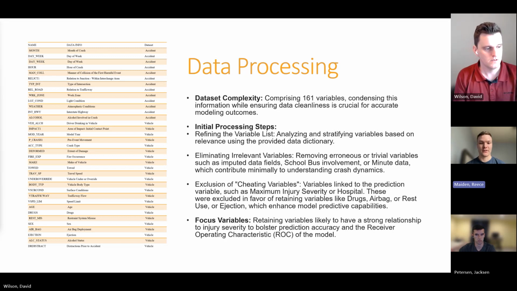We first eliminate irrelevant variables, getting rid of trivial data points such as school bus involvement or minute data, which are likely to contribute very minimally toward the understanding of crash dynamics. And then we also excluded cheating variables, which are variables that are linked to the prediction variable, such as maximum injury severity or hospital. These are excluded in favor of retaining variables like drugs, airbag, or rest use, which are likely to have a significant prediction value or impact.